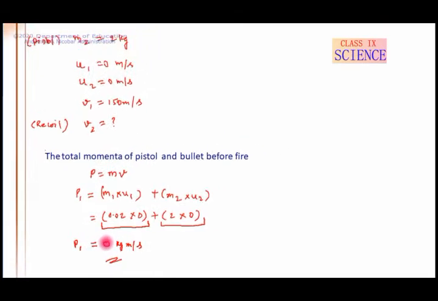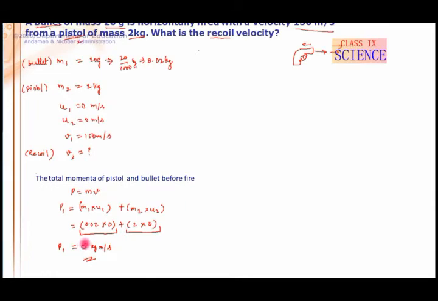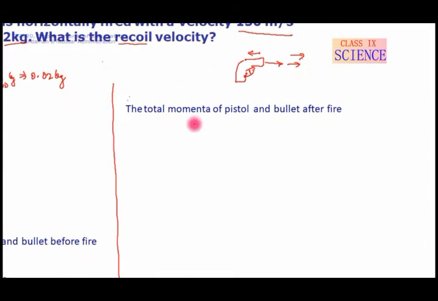Now we find the total momenta of pistol and bullet after fire. Again the same formula, P is equal to mv, right. Here P2 is the total momentum of pistol and bullet after fire. This can be written as m1 v1 plus m2 v2.